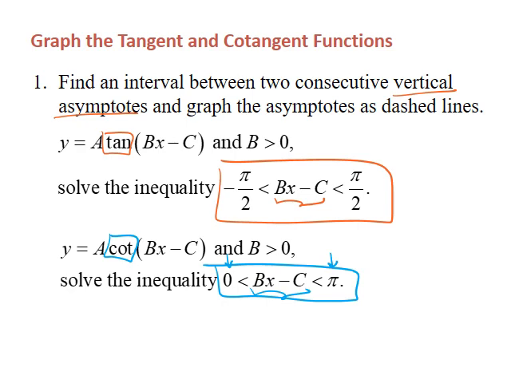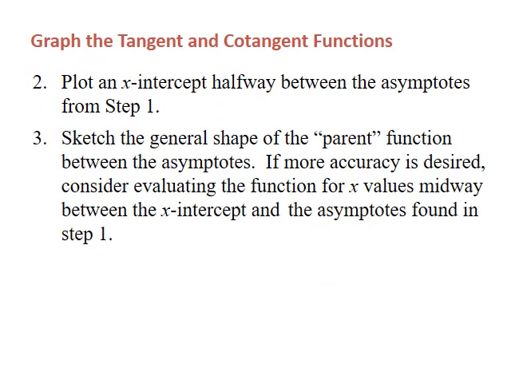So the first step when graphing tangent and cotangent is to find two consecutive vertical asymptotes, and this is how you will do it. The next step, what you'll want to do is you'll want to plot an x-intercept halfway between the two asymptotes that you found in the previous step. And then you'll just sketch the general shape of the parent function.